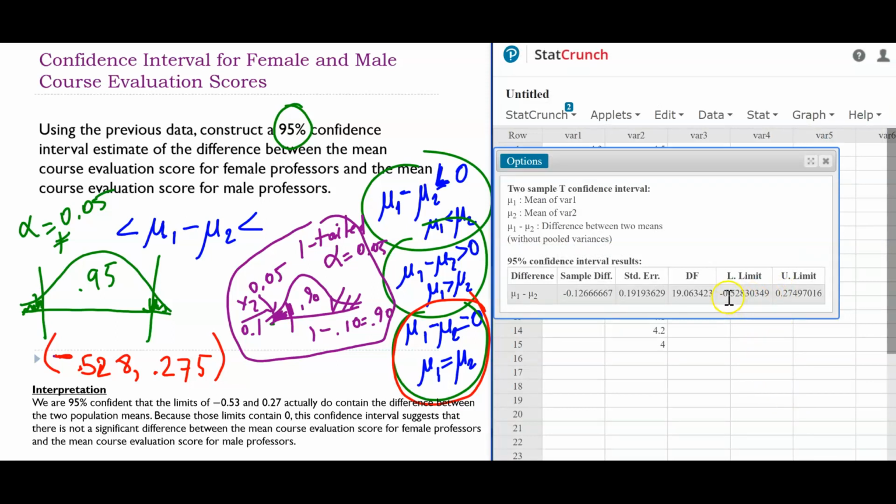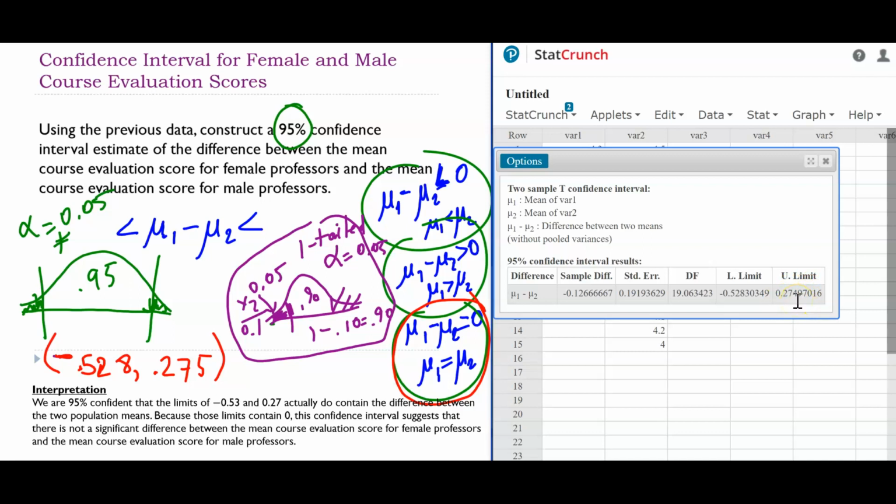And as you can see, we get the same interval: left limit negative 0.528, or 0.53 rounded to 2 decimals, and 0.275 rounded to 3 decimals, or 0.27 to 2 decimals.